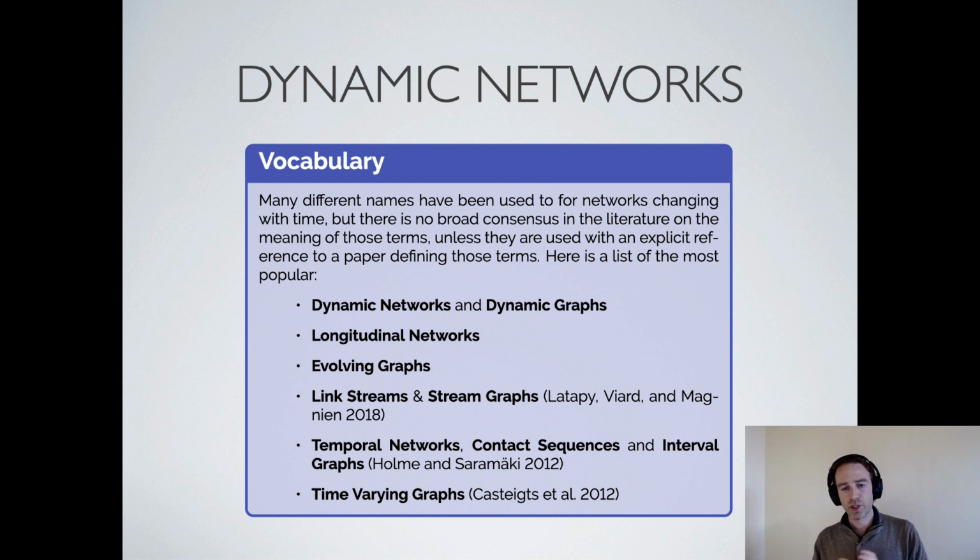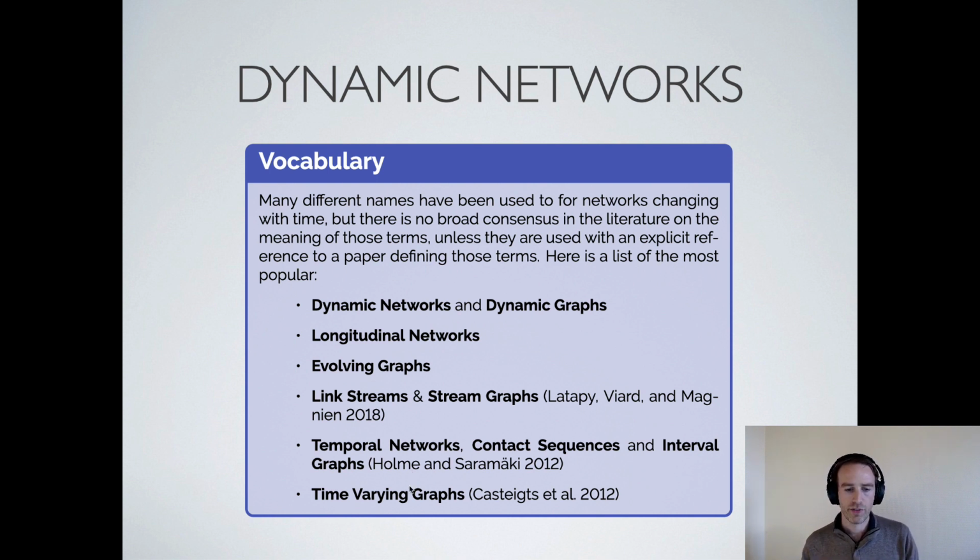The exceptions maybe are some specific terms like these. Link stream and stream graph have been proposed by some authors in particular. In the same idea, you have temporal networks, contact sequences, and interval graphs, which are three types of network precisely defined in this paper.